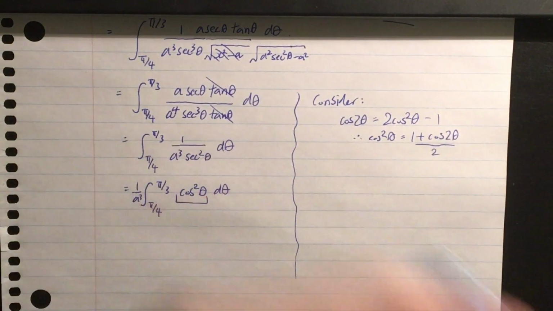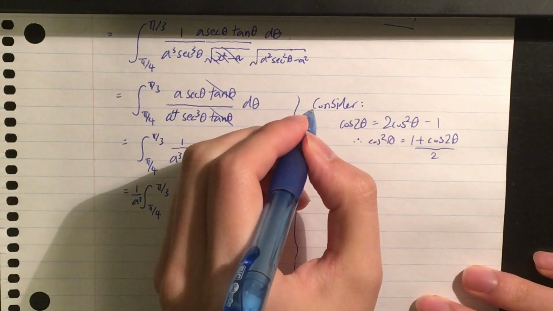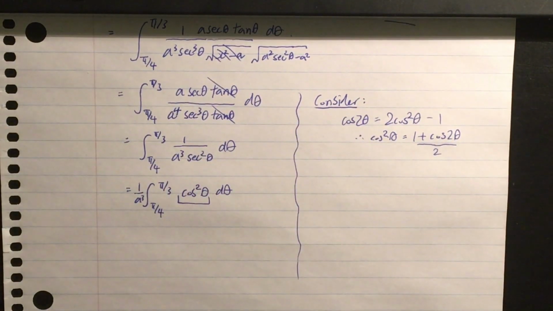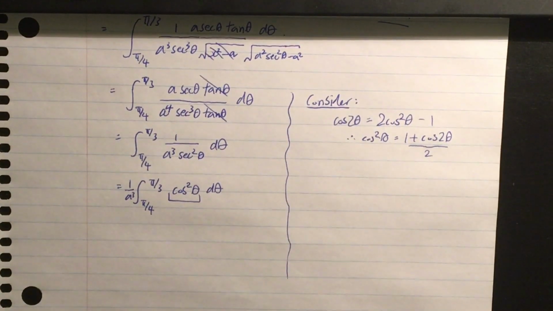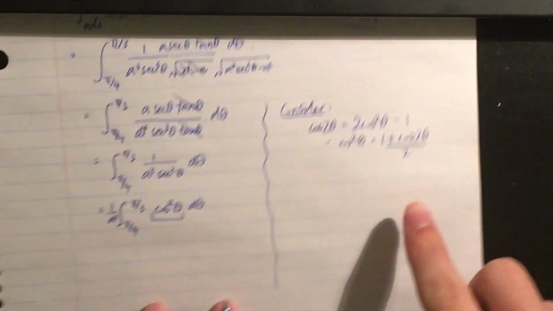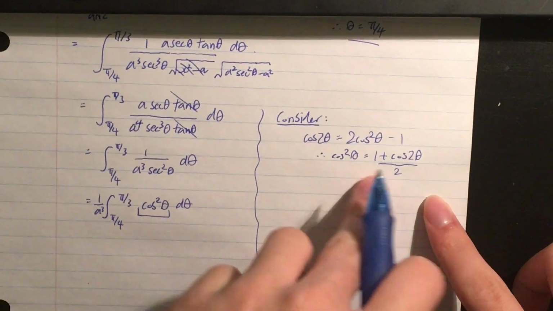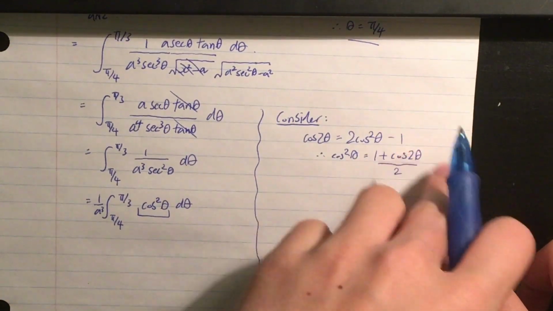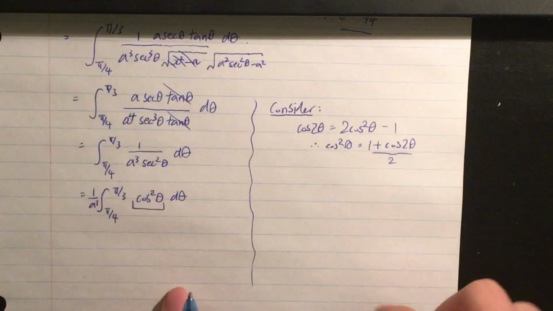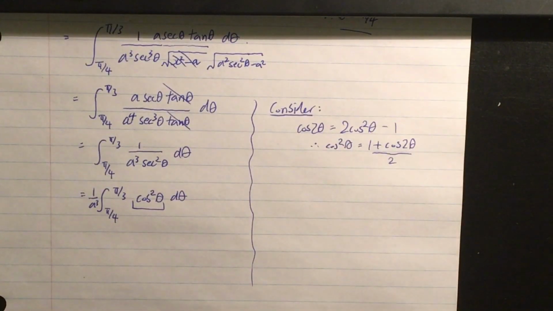So you go, okay, well, what is this going to do for us? Well, if you're familiar with your integration techniques, this is much easier to integrate than that, because we can integrate cosine 2 theta very easily, and these are just constants.